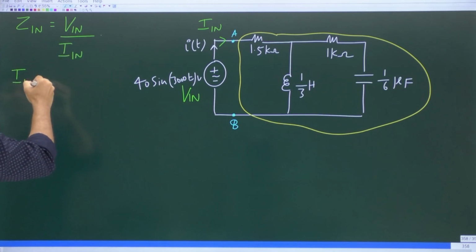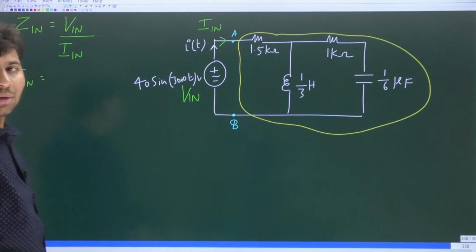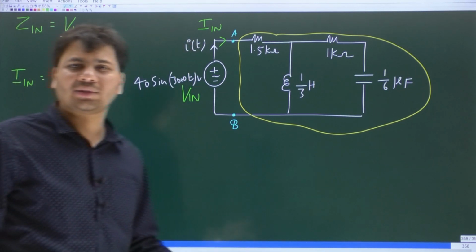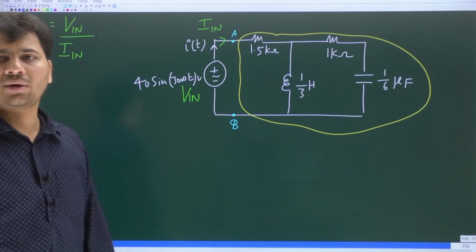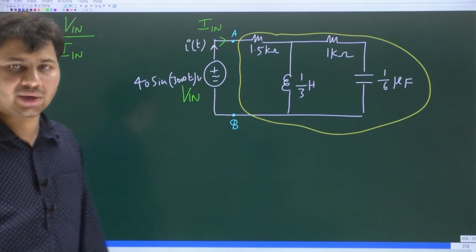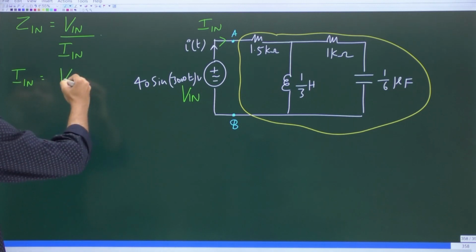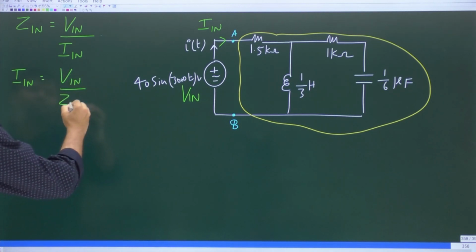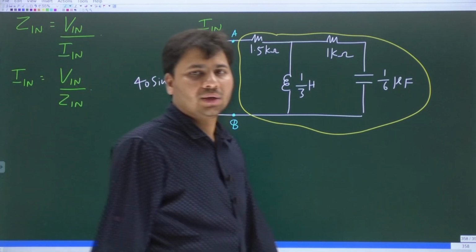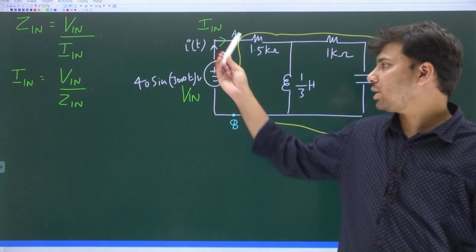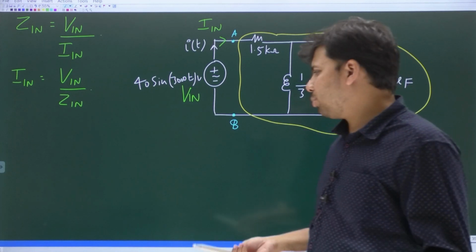So what is the phasor input current in terms of Vin and Zin? Again, Ohm's law: I is equal to V by R. But here in the phasor domain, Iin will be equal to Vin divided by Zin. So it's all about finding the input impedance of this yellow color network.